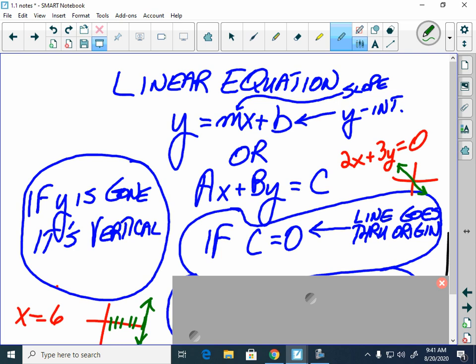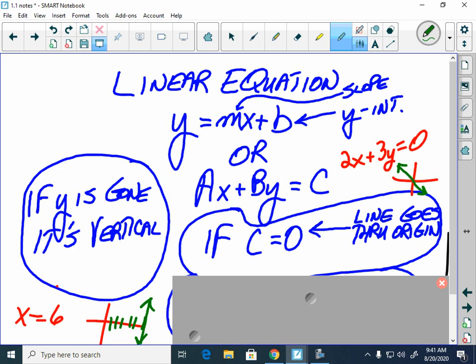Maybe it's negative b over a. I don't know either. So my mind just runs through what the slope would be. It would be negative 2/3. Oh, okay. Yeah, I guess it is negative a over b. See? I just never memorize it because I just do it the hard way.